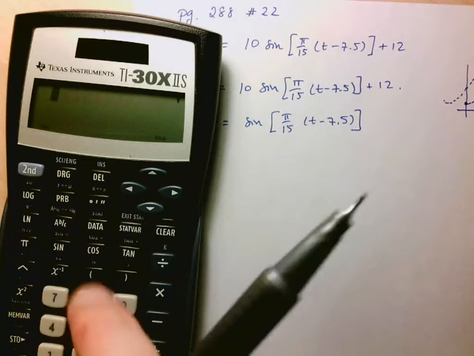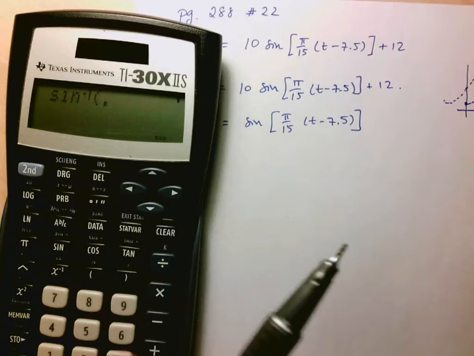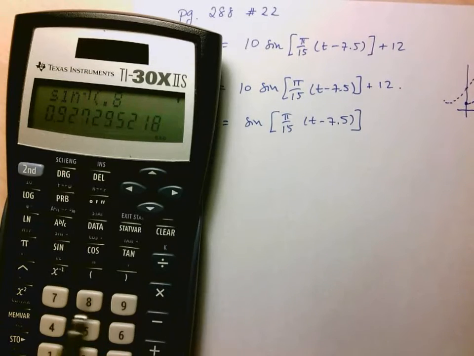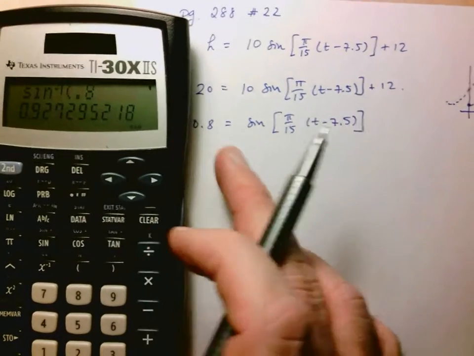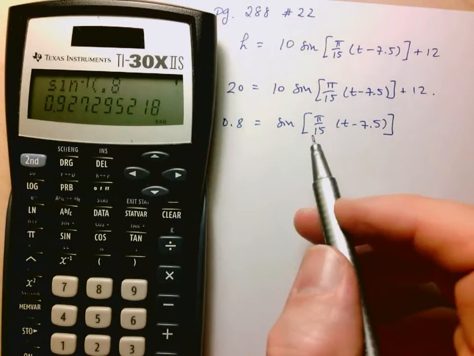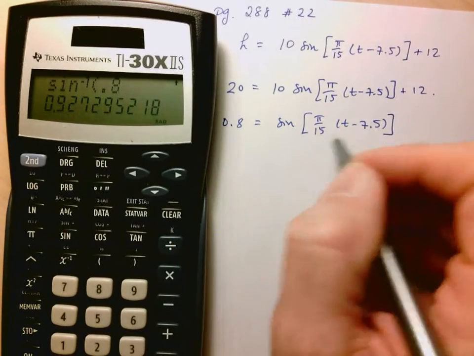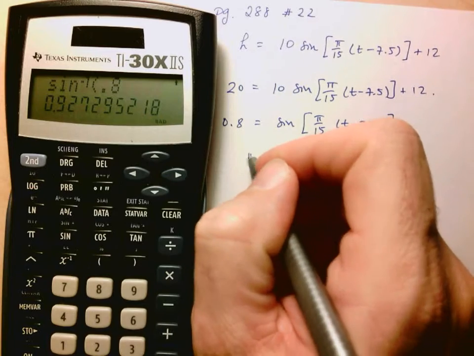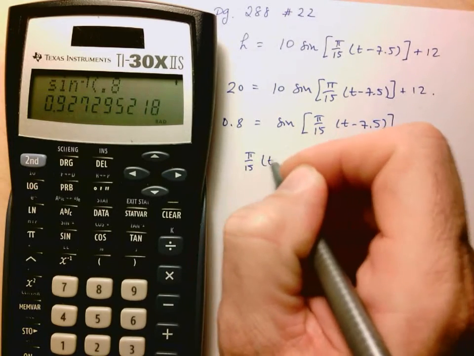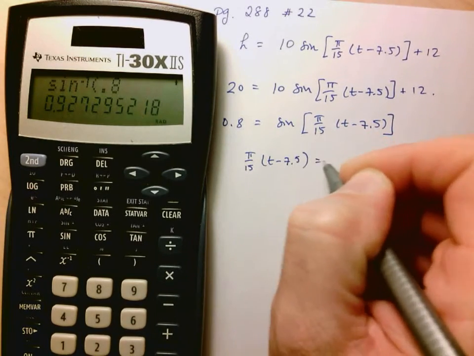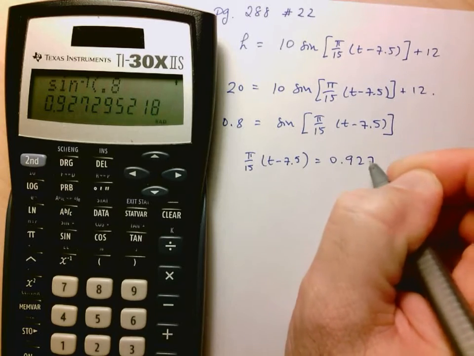Okay, so now 0.8 doesn't correspond to a special angle, so step 2 is to determine my two answers here. So I'll start by taking inverse sine of 0.8, and that gives me 0.927. Now let's make sure we know what that means. It's not t equals 0.927, it's this whole input. So that means that pi over 15 times t minus 7.5 is equal to 0.927.